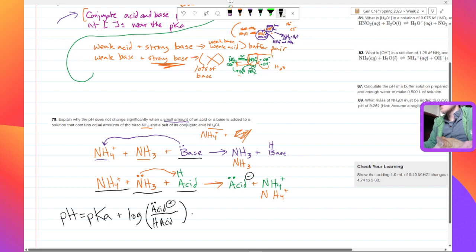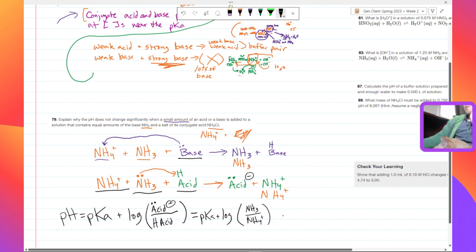So for this actual case here, that particular term is the log of the ratio of ammonia to ammonium.